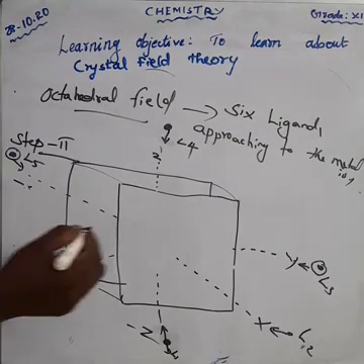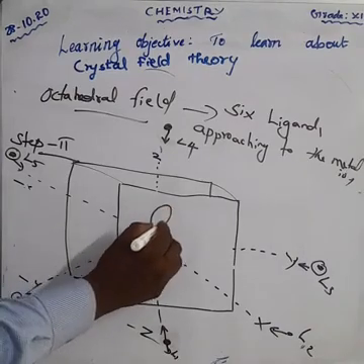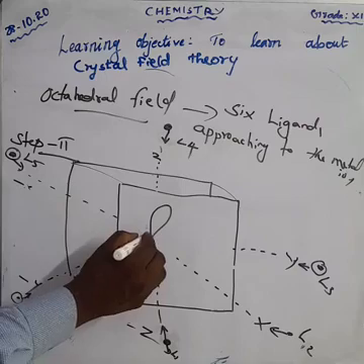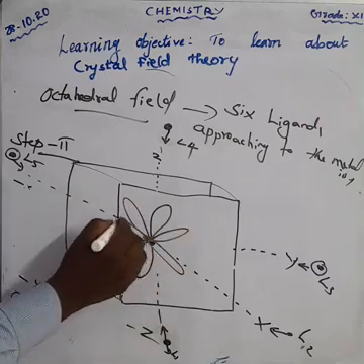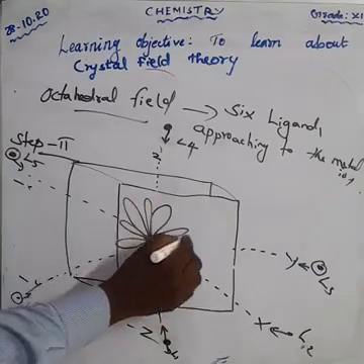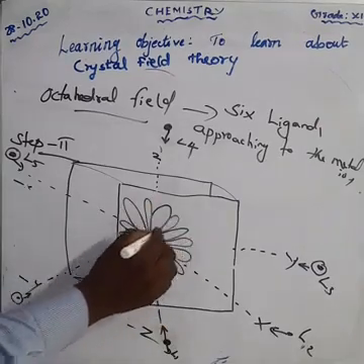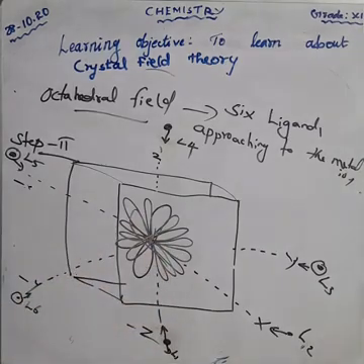Here the central metal ion has the lobes that we already discussed. These are the lobes. And we should also mark the axes for the 5 orbitals. Which are the 5 orbitals?